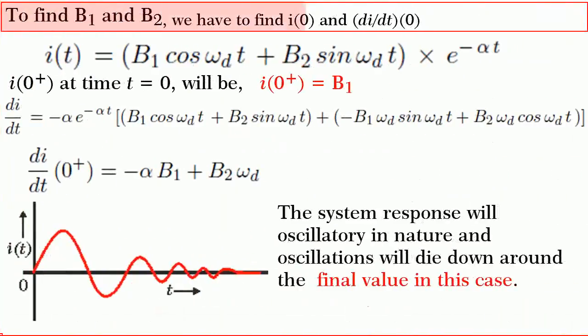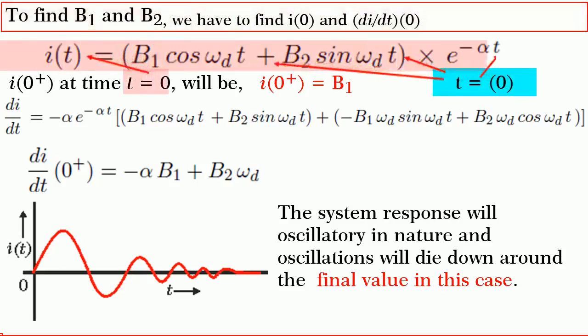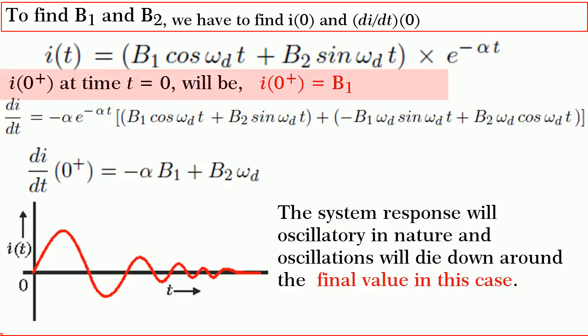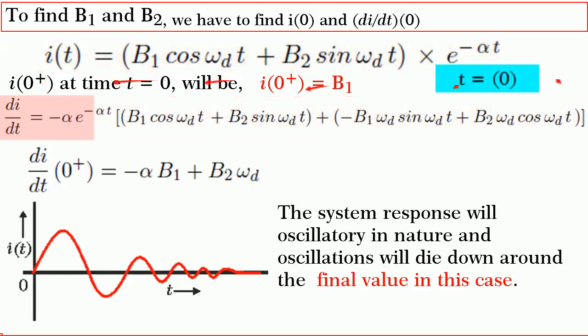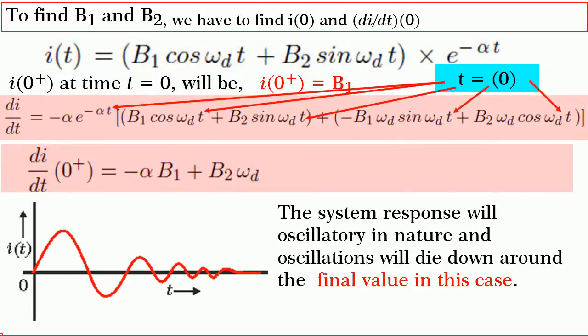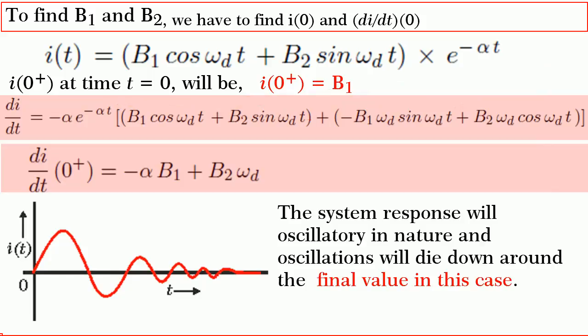To find b1 and b2, we have to find i of 0 and di by dt at 0. If we substitute t is equal to 0 in the equation of i of t, we get i of 0 is equal to b1. If we find di by dt of i of t and substitute t is equal to 0, we get di by dt at 0 is equal to minus alpha b1 plus b2 into omega d.